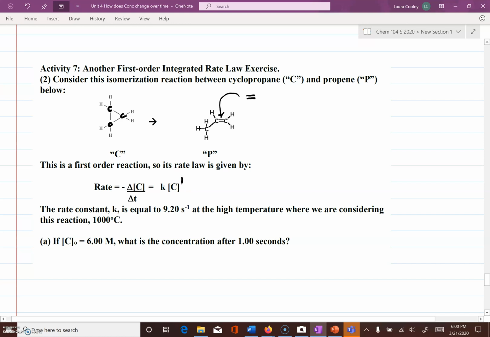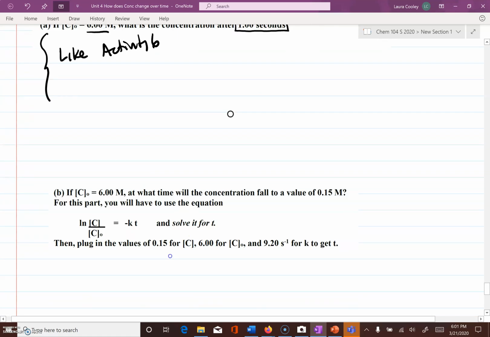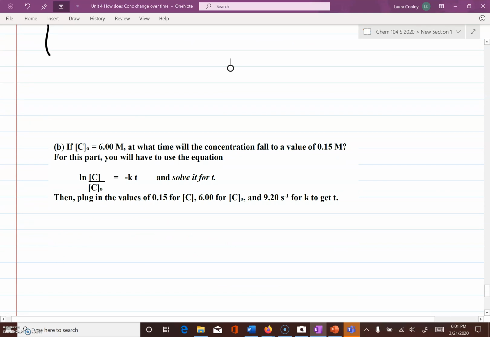The only time we can figure out what concentration is as a function of time is for first order, so it has to be first order. And this problem here I'm not going to do right now because this is just like what we did in activity 6, where you have an initial concentration and what is the concentration after a certain time passes. We did lots of problems like that. So instead, I'm going to go on to part B.